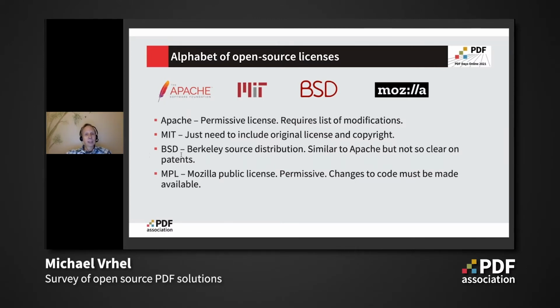The BSD license is similar to the Apache license, but from my understanding, there's some issues perhaps, or question marks, on patents, and I don't know a lot about that, but that's just basically what I've read. And then the Mozilla Public License, of course, is another very permissive license. So that's the different types of licenses that you typically run into out there.